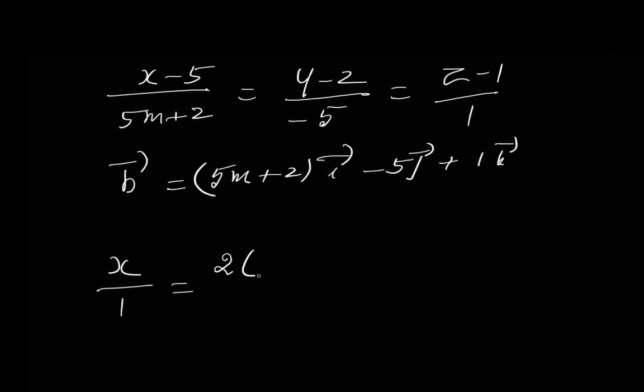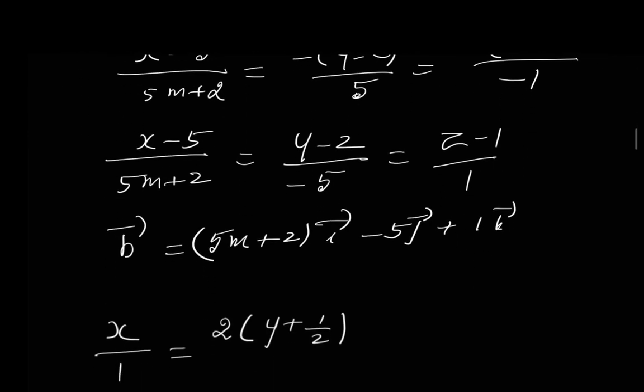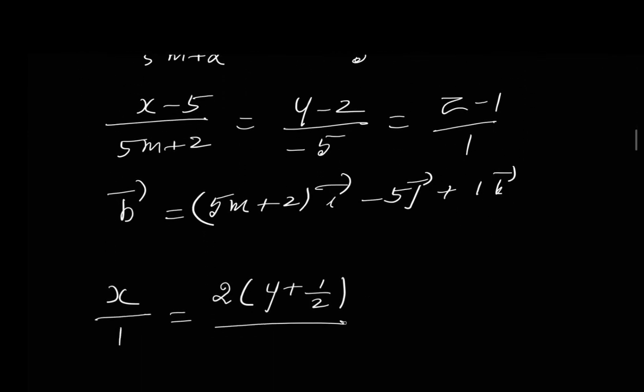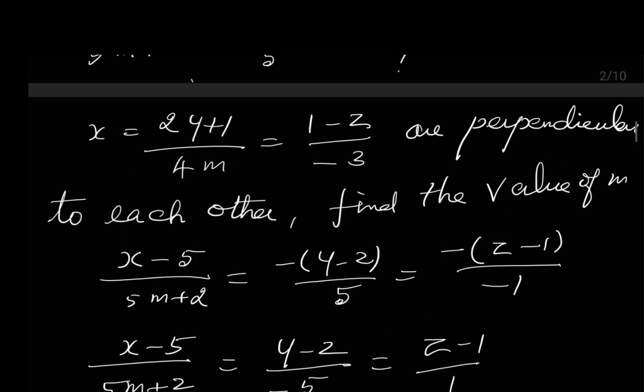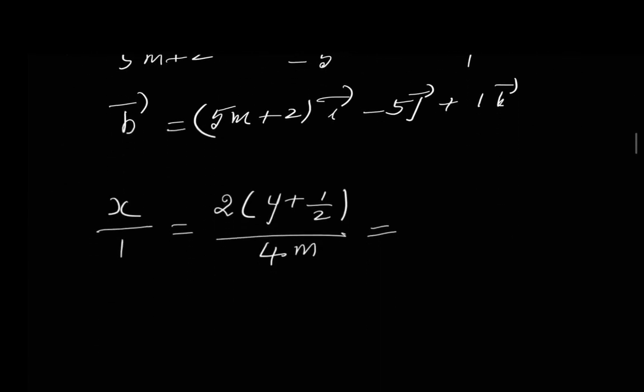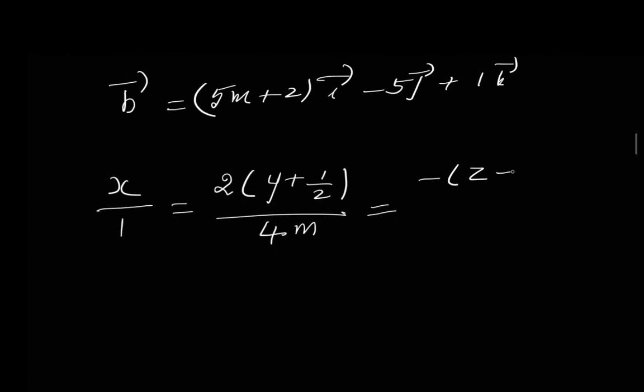So when I take 2 outside, y plus 1 becomes 1 by 2 divided by 4m. This is equal to, and this is given as 1 minus z. Take minus outside. So z minus 1 divided by minus 3.